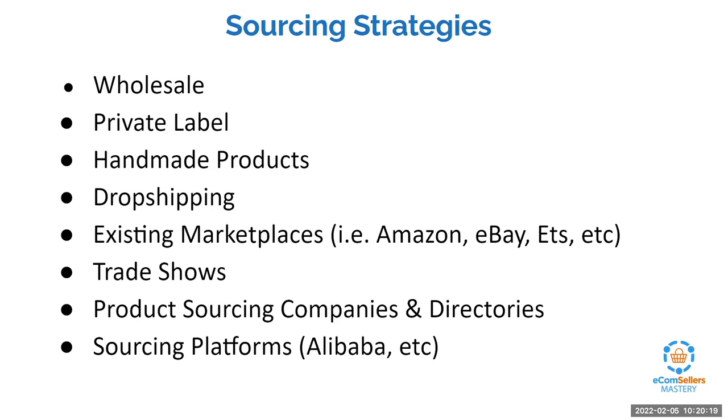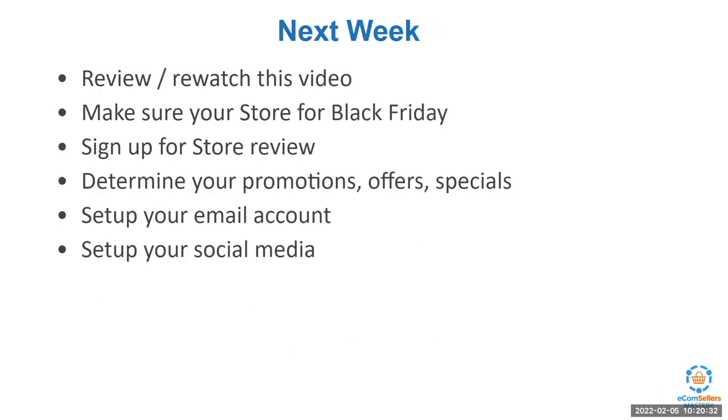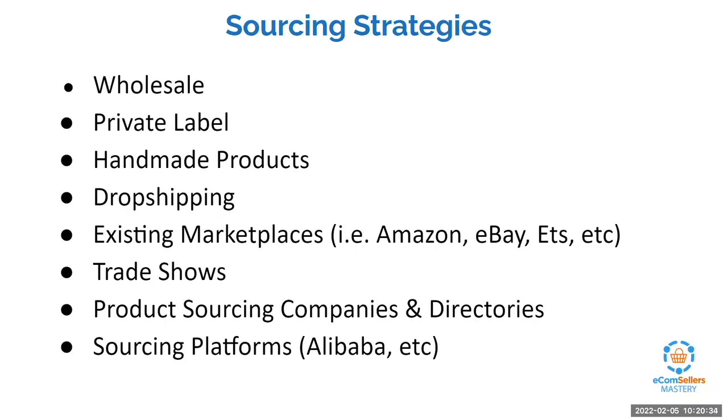Product sourcing companies. There are companies that just do product sourcing in those directories. You can go Google the White Label Expo. That's another great one. And then, of course, Alibaba and AliExpress. There's a lot of inventory there that you can potentially source or buy as part of your strategy to sell products on your Shopify store.